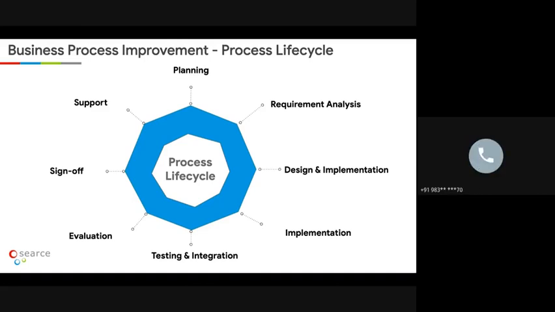Then we implement it and test it. We also give you a testing account and application where you can test all the scenarios and evaluate everything. Only then do we do the sign off, when you are happy with the overall automation and the job is completed. After that, we also give you support for anything that you would require. That's all about BPA.